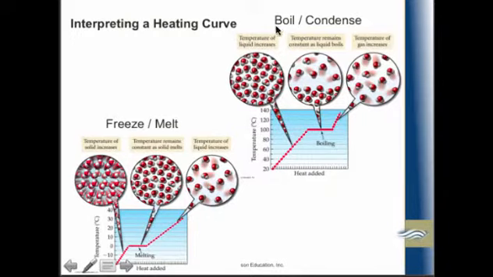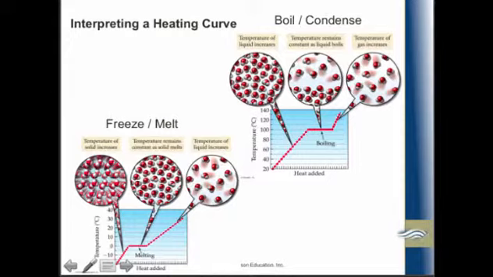And so that takes less energy than in the boiling and condensing phase where we have this complete independence gained by the molecules. So it always takes more energy to boil something than it does to melt because boiling requires complete breakage of all IMFs and much higher movement for the molecule.